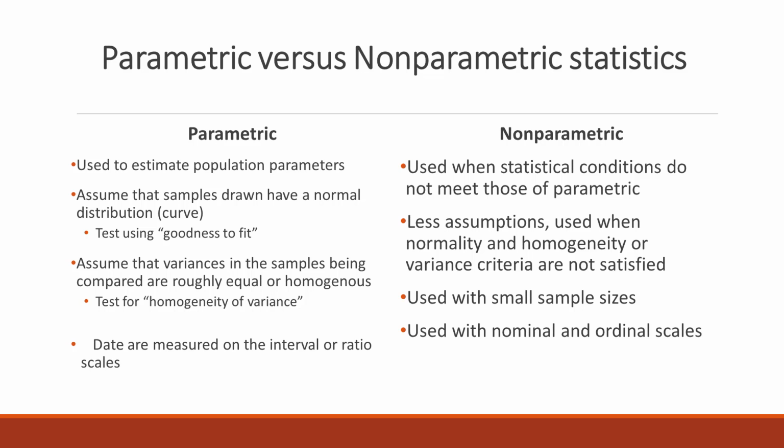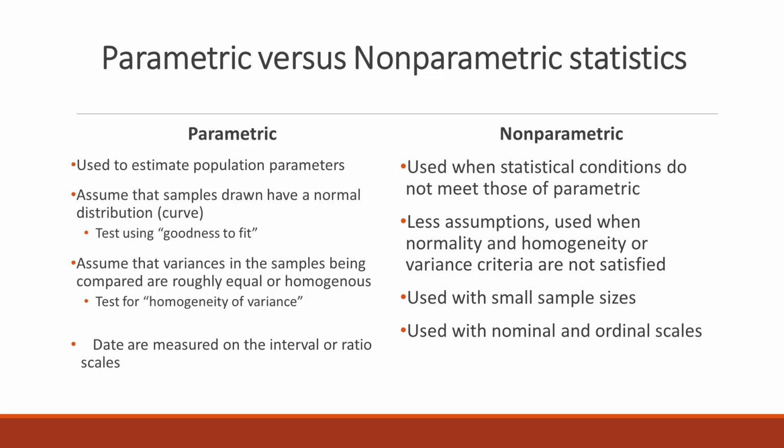Therefore, the sample should be a useful representation of population parameters. A goodness of fit test will tell you how well data match the normal distribution. The second assumption is that variances in the samples being compared are roughly equal, or homogeneous. This can be tested. The third assumption is that the data is ratio or interval and that mean and standard deviations can be calculated.